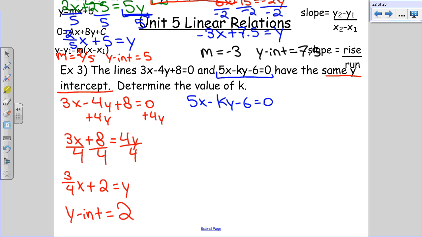To move it, I just added 4y. If this one's negative ky, then I should just add ky to both sides. And that would move it, right? Just like the negative 4 did. It moves it over. That gives me 5x minus 6 equals ky.